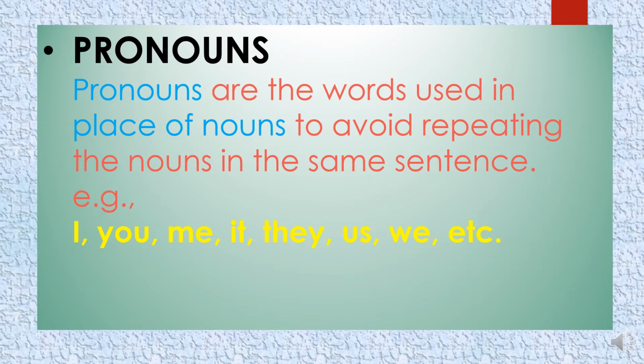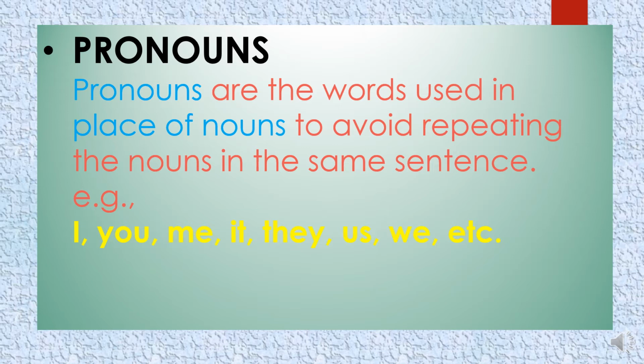All the words which are used in place of nouns to avoid the repetition of nouns are known as pronouns. For example, Sita is hungry. She is eating an apple. Instead of using Sita twice, we have used she, and she is the pronoun, used in place of the noun Sita.